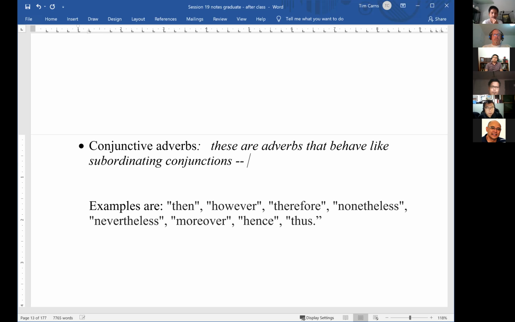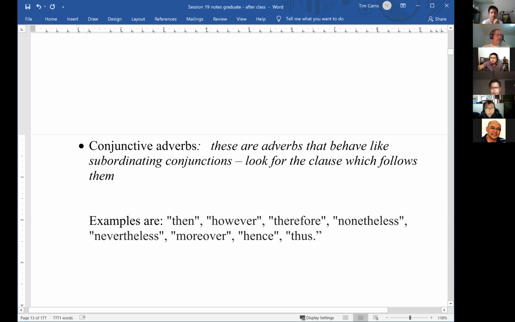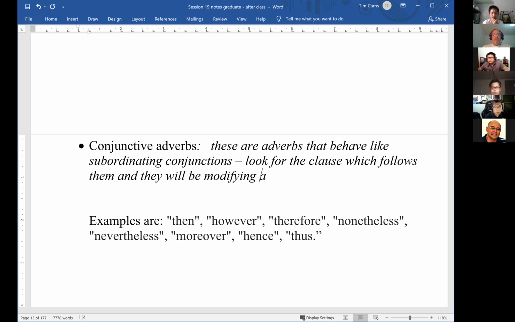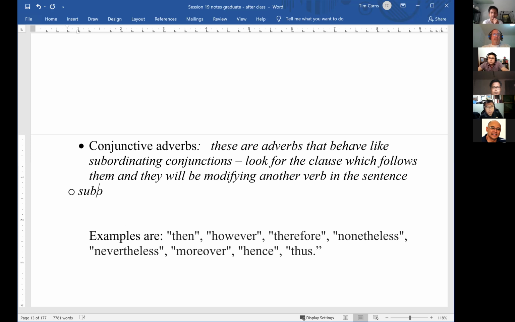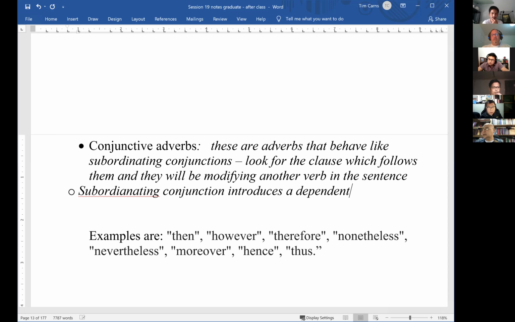So again, just look for the clause which follows them, and they will be modifying another verb in the sentence. Okay? Because, again, remember, a subordinating conjunction introduces a dependent clause.